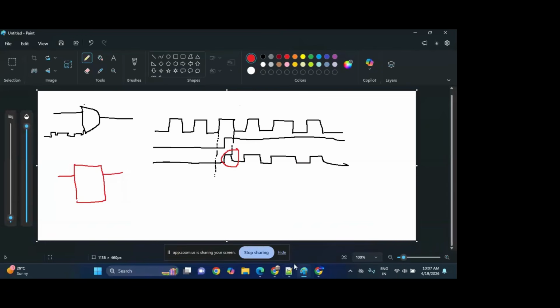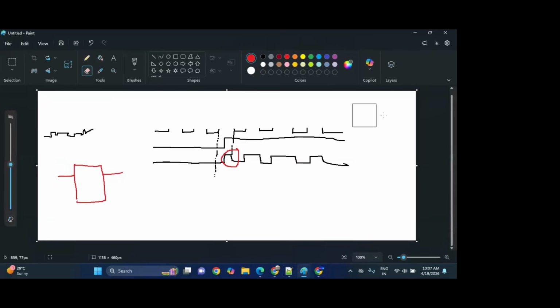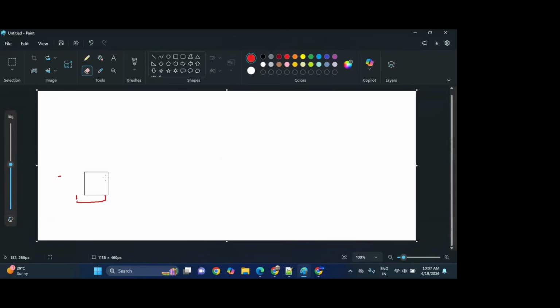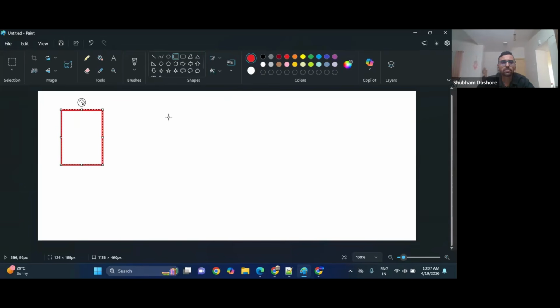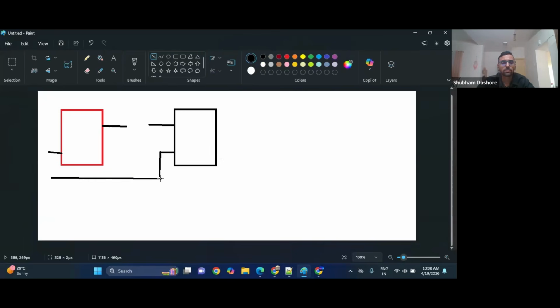Yes. In that case, if timing is failing, for example, I will share my screen. So we have the launch flop and the capture flop, and this is the clock.